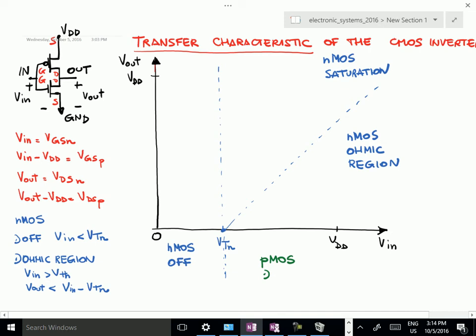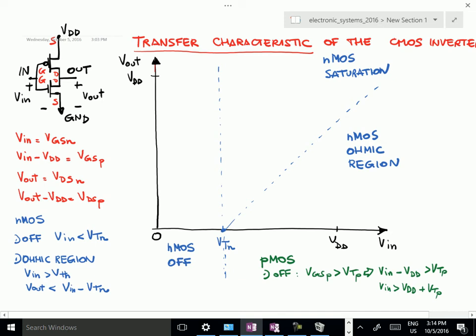Okay, we know that the PMOS is off if VGS-P is larger than VTP. But VGS-P, as I wrote here, is Vin minus VDD. So this means Vin minus VDD larger than VTP, which means Vin larger than VDD plus VTP.